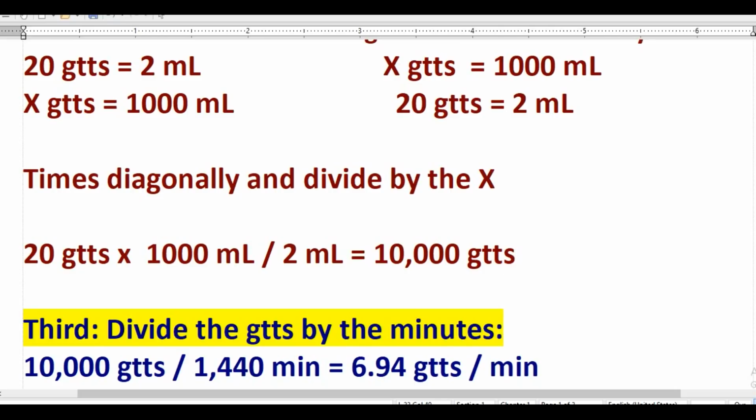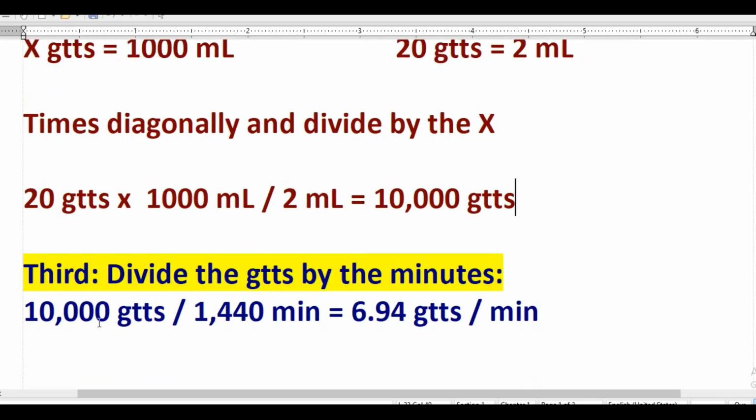GTTS. So you take the drops divided by the minutes, and we get 10,000 drops divided by 1,440 minutes equals 6.94 drops. Now there's no way you could give 0.94 of a drop.